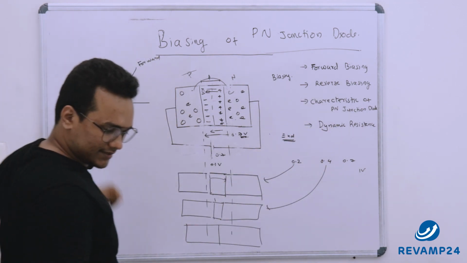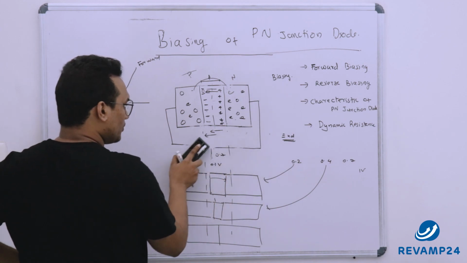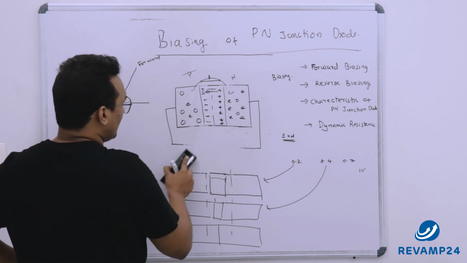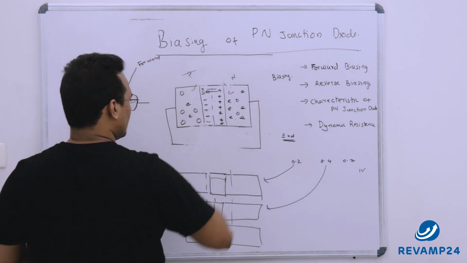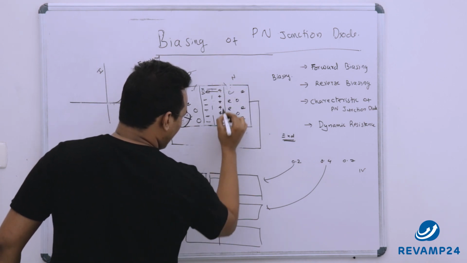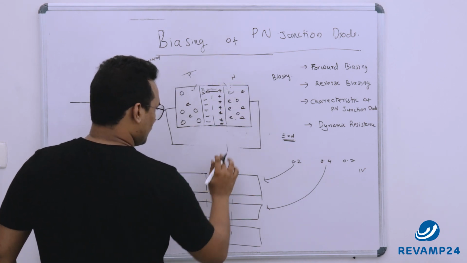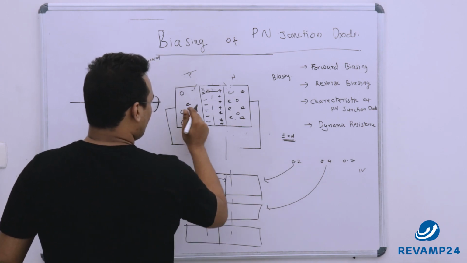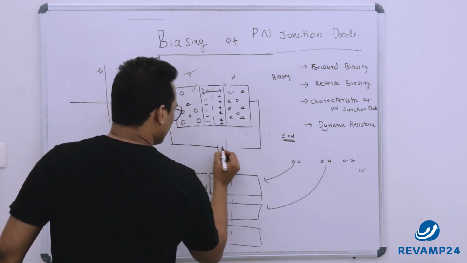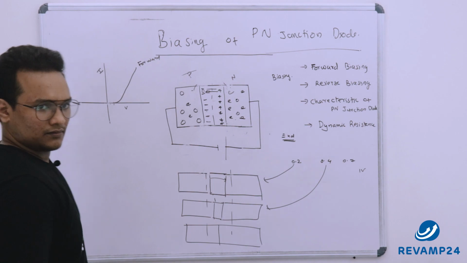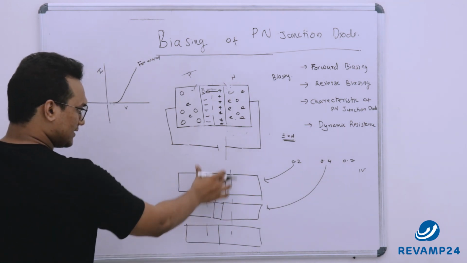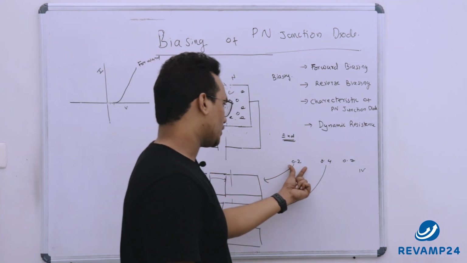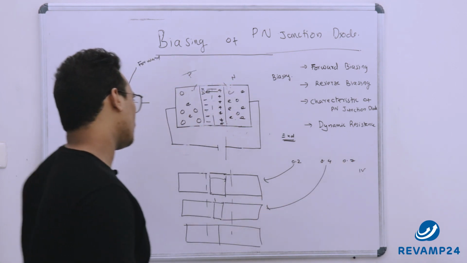The next thing is reverse bias. Reverse bias is very simple. Here what we are going to do is connect the N type with the positive terminal and the P type with the negative terminal. What would happen in this case when I am offering 0.2 volt, 0.4 volt and 0.7 volt?